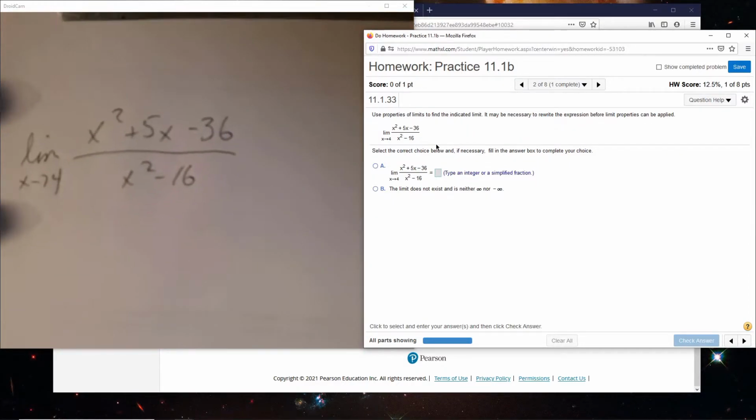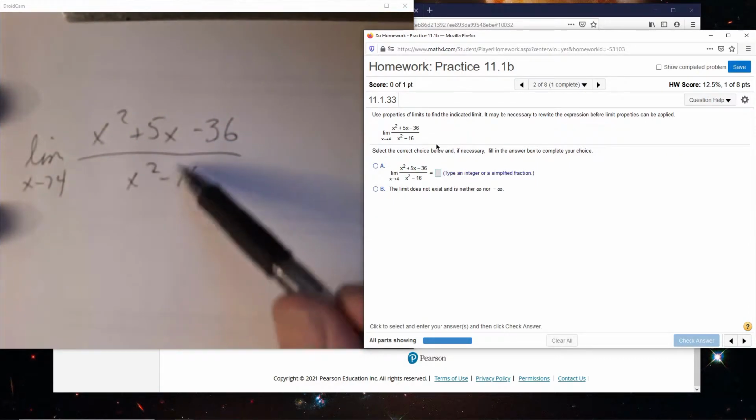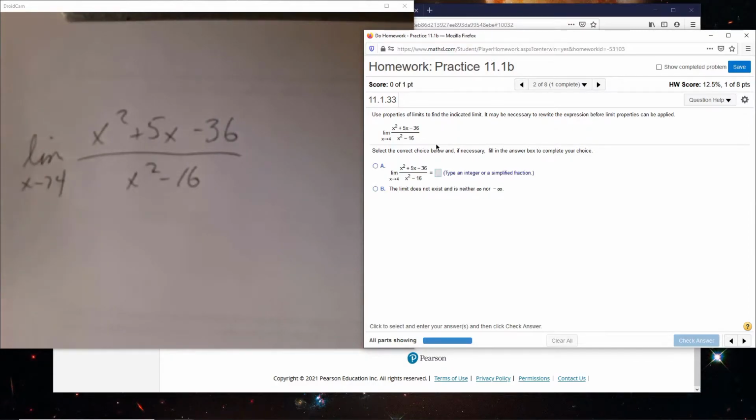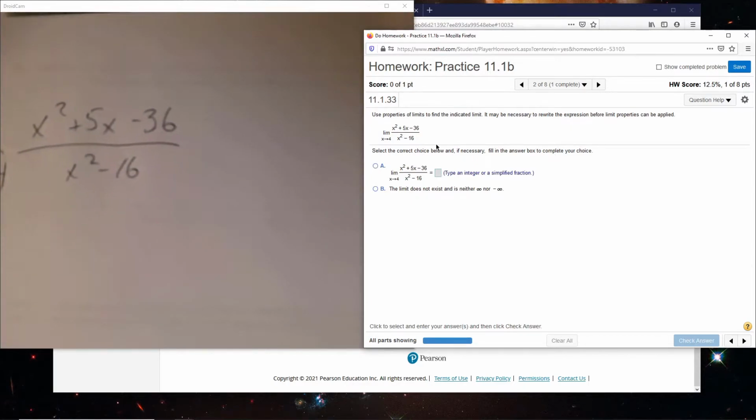So if we would plug 4 into all this, we would find that this is 0 divided by 0, the indeterminate form. So you can always check that by just plugging the number in. You'll see that it doesn't work. You don't get a number out. And so we got to do something else. And that other thing we're going to do is factor.